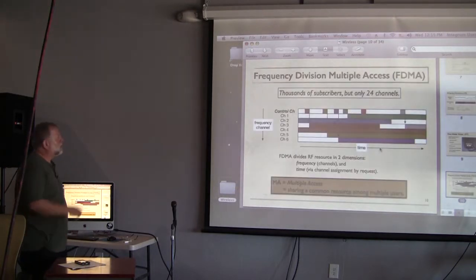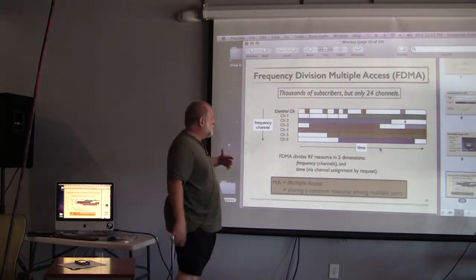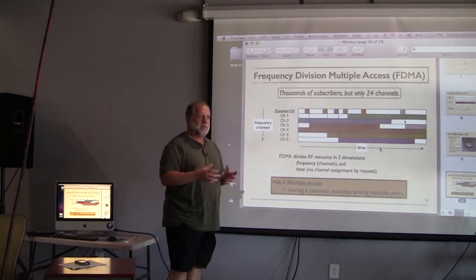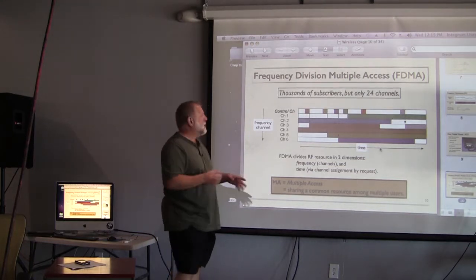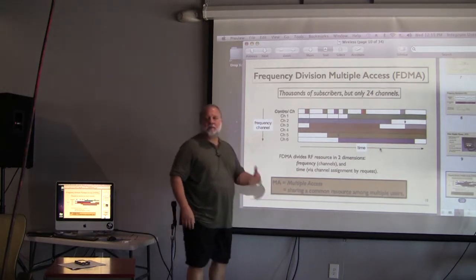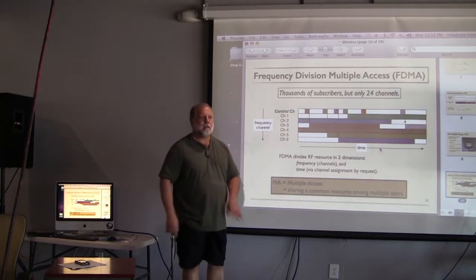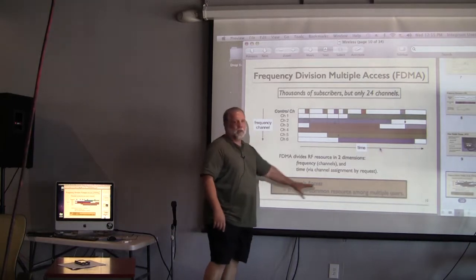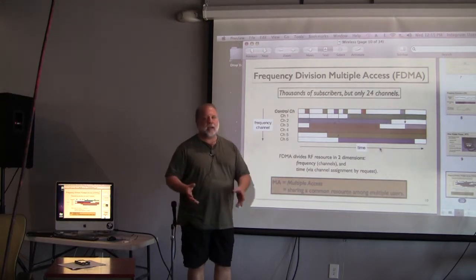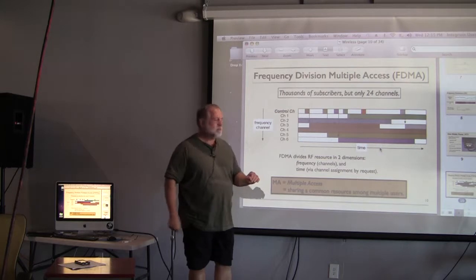So how does it work? Basically, this has all the fundamental components, the basic components of a cellular system, with these magic letters MA. So you probably heard this: FDMA, TDMA, CDMA. All the MA means is multiple access, and all multiple access means is sharing a communications resource among multiple users.